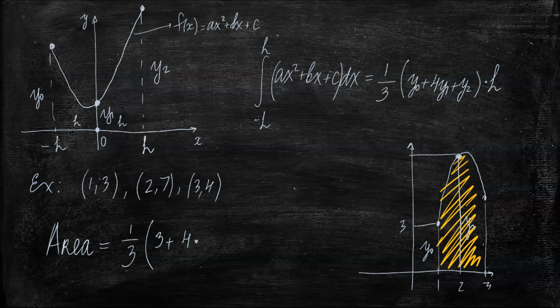It's going to be 7. And plus y2, which is 4. And we're going to multiply it by h. h in this case is 1, because the two endpoints are 1 unit apart from the midpoint.